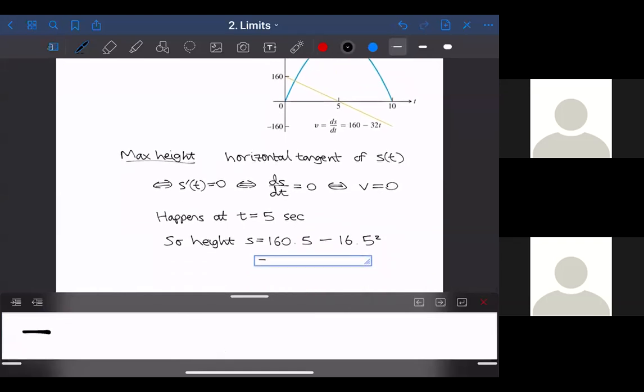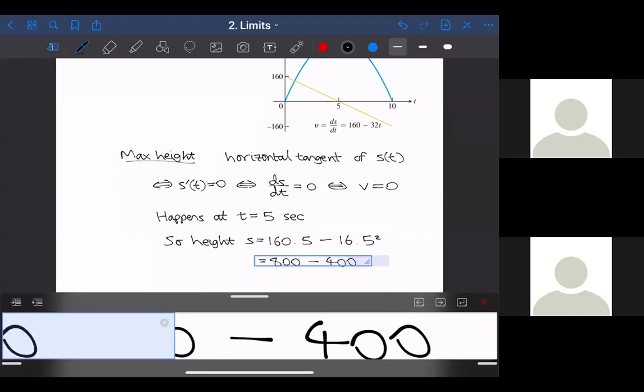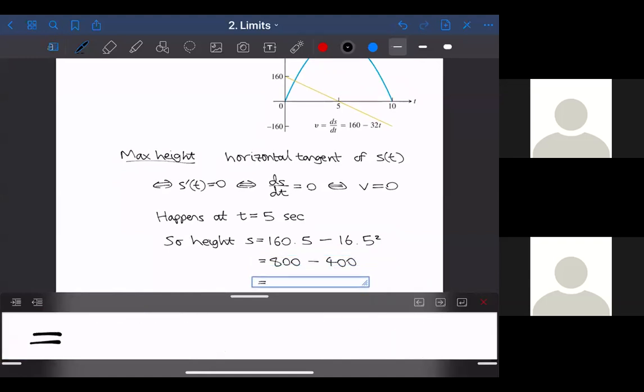So that is 800 minus 25 times 16, which is 400. So the answer is the rock goes up to 400 feet.